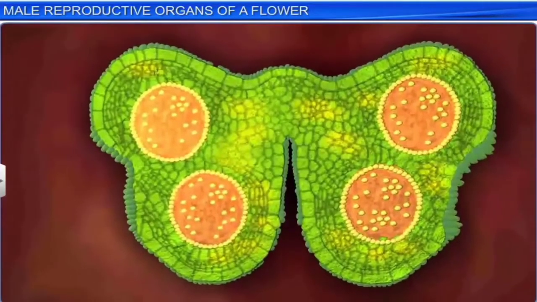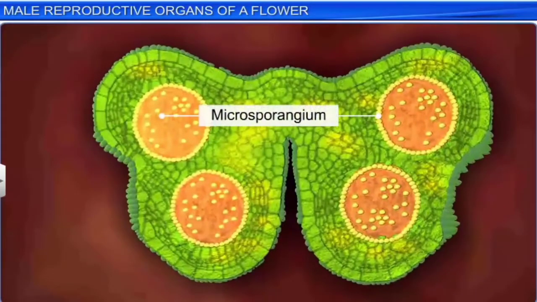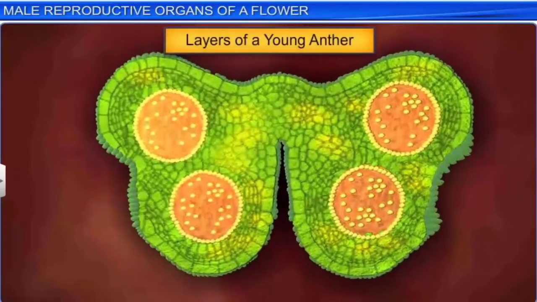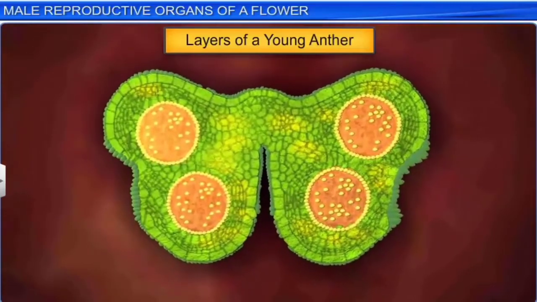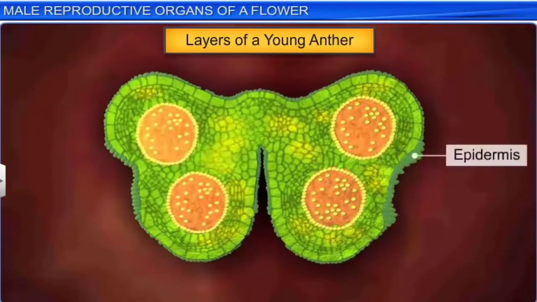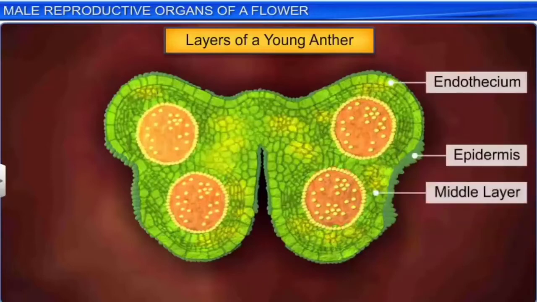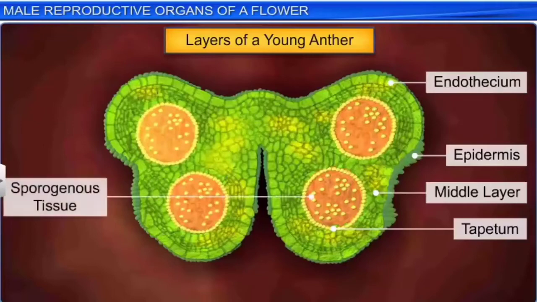In the corner of each lobe is the microsporangium, a sac-like structure which is nearly circular in outline. In a young anther, the microsporangium is surrounded by a multi-layered wall consisting of the epidermis, endothecium, middle layers, and the tapetum, the innermost layer, while the center is occupied by sporogenous tissue.